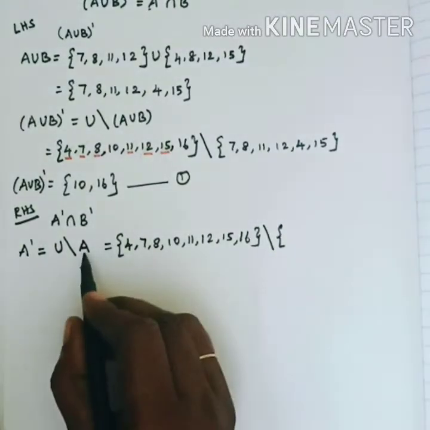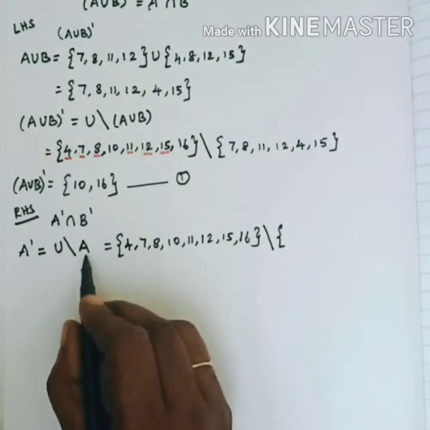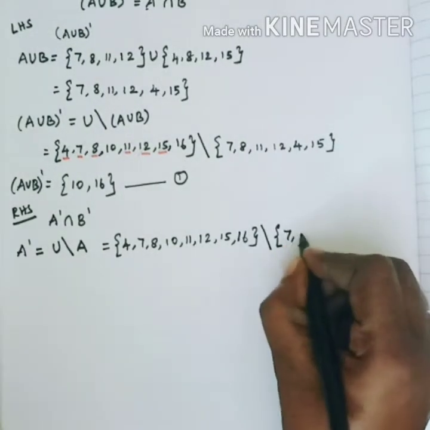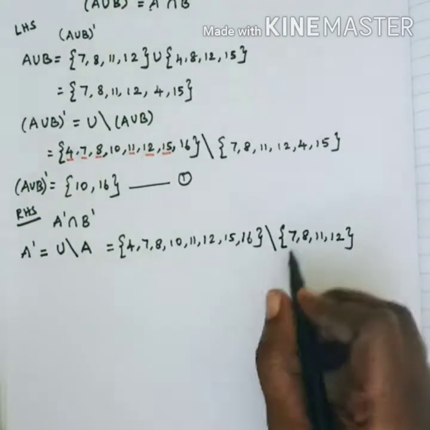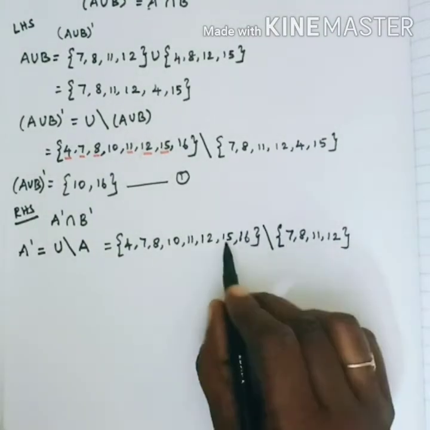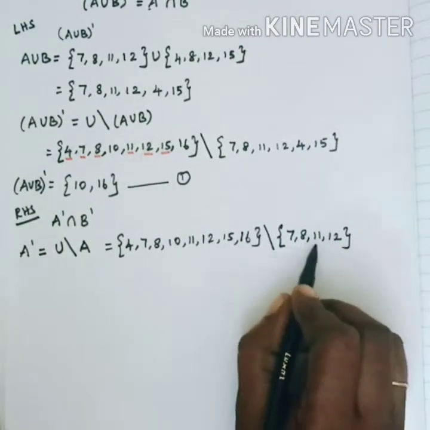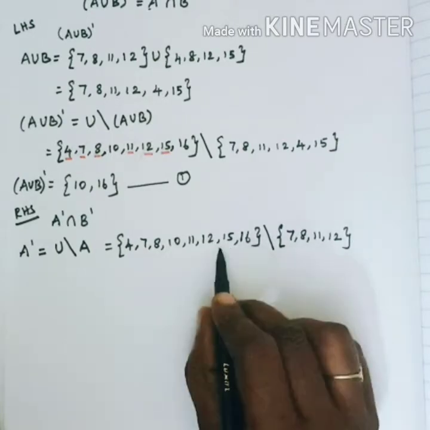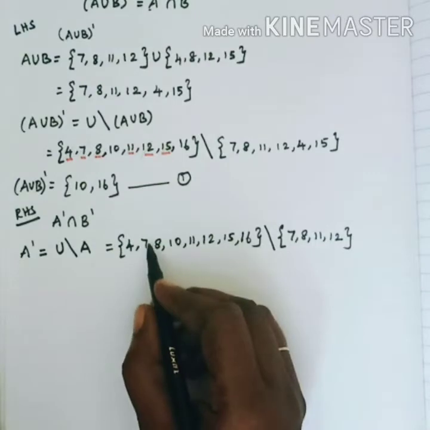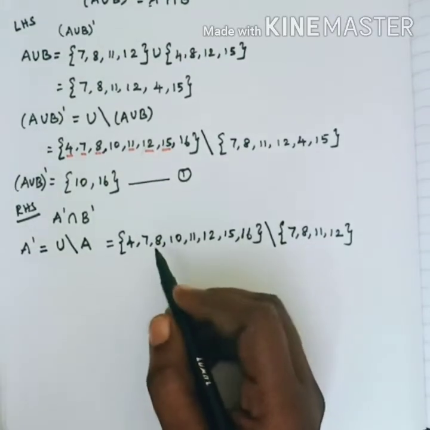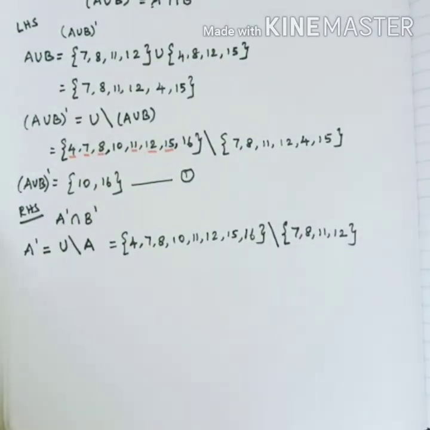And then A. What are the elements of A? The set A is 7, 8, 11, 12. Now the slash symbol is given in between the sets, so you have to identify the common elements, omit those elements in the first set and write the remaining elements alone.